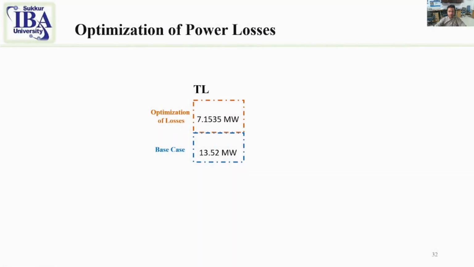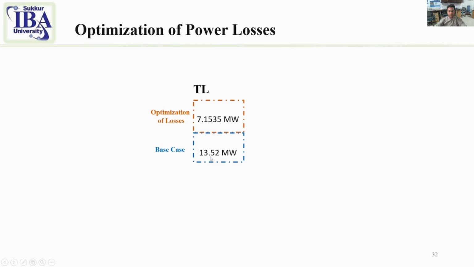So now, first of all, we optimize for the losses. Here you can see we now don't have any concern with the cost or the voltages. So first time here we'll optimize it for the losses. You can see this is the first value that is much reduced than the previous cases, 7.15 megawatt.